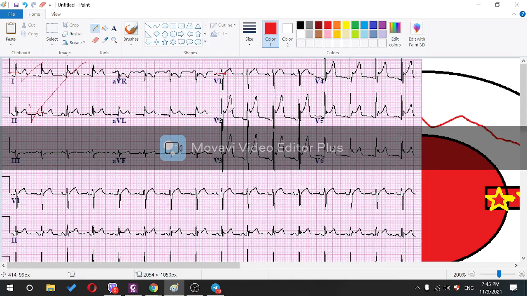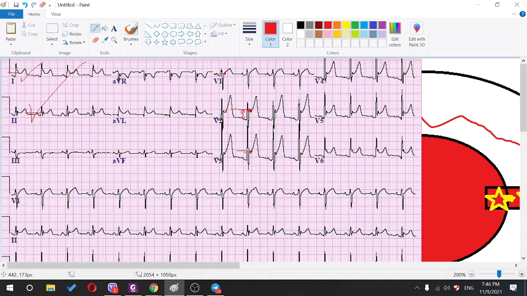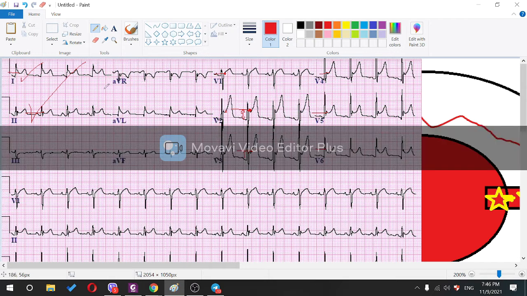High. This one. High. This one. Also high. This one. High. This one. High. High. See, most of the leads in his chest, even these, high, and this one, aVF, and lead 3 are not. They are normal.